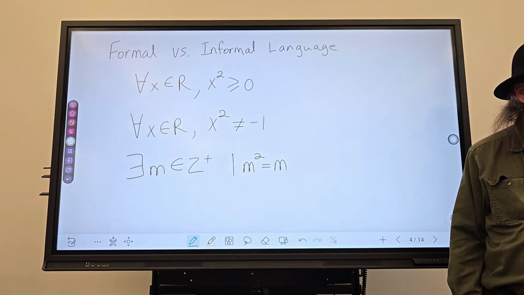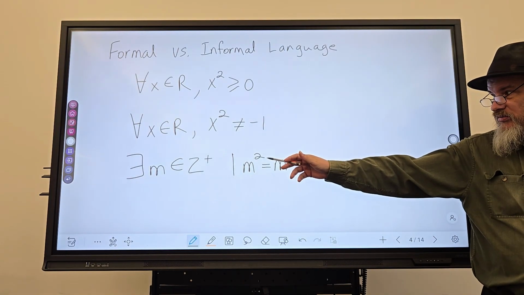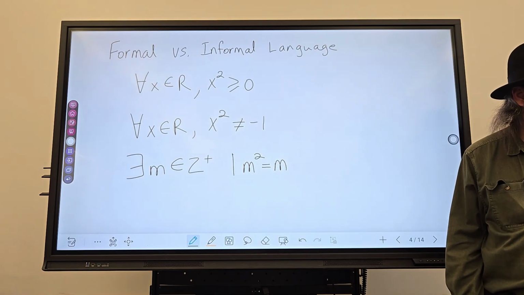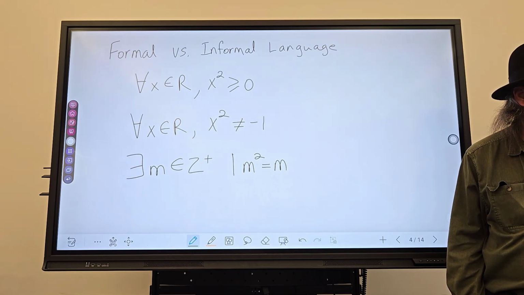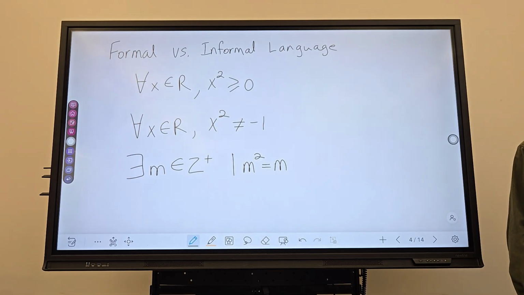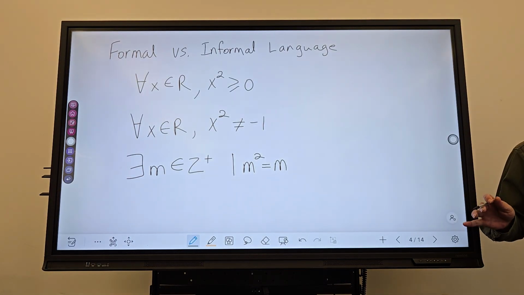So that would be there is a positive integer whose square equals itself. You see how that's informal? There's lots of different ways of saying it. That's just one way.